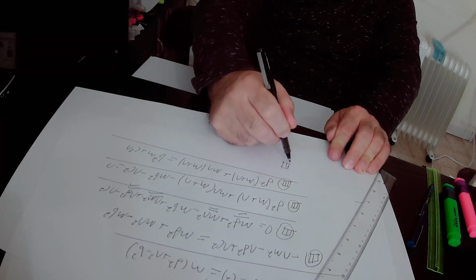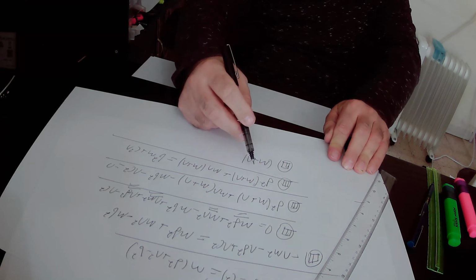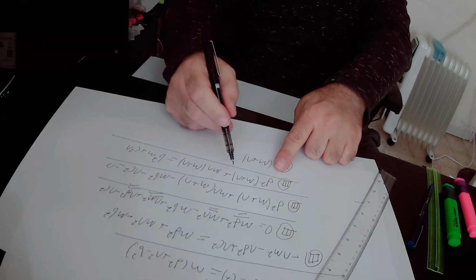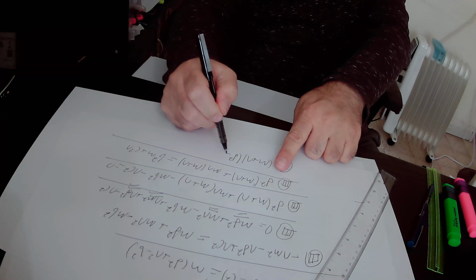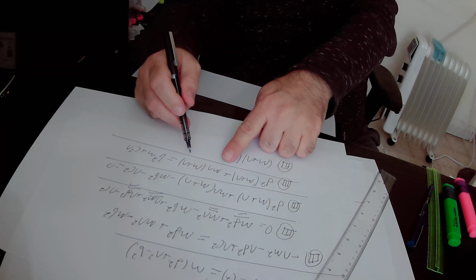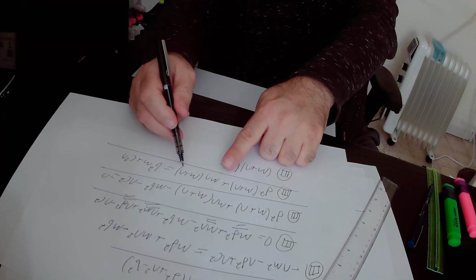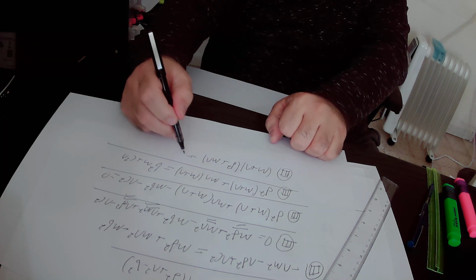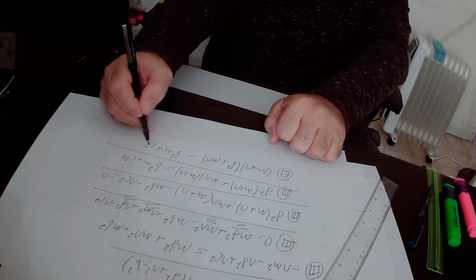So m plus n is a common factor. What is left from this expression after we take m plus n as a common factor? What is left is actually d squared. And what is left from this expression after we take m plus n as a common factor? What is left is actually mn. And it equals b squared m plus c squared n.